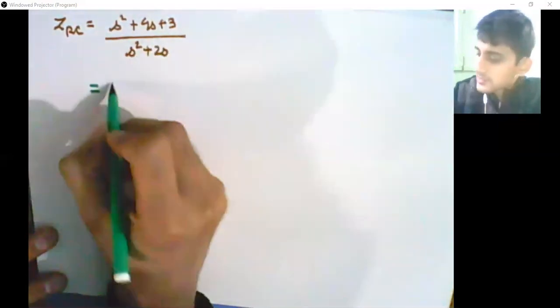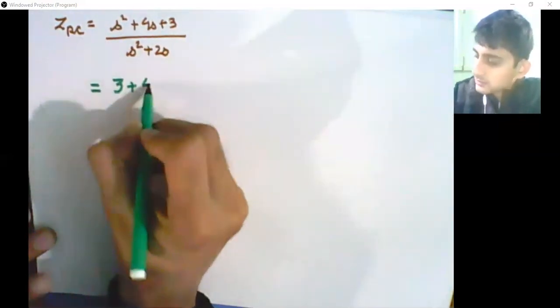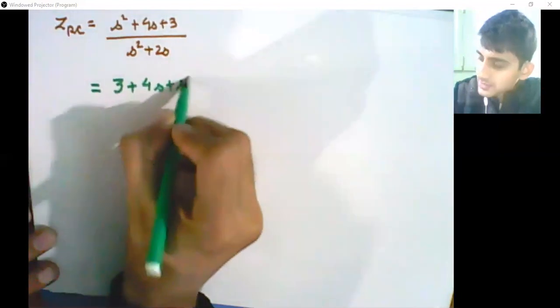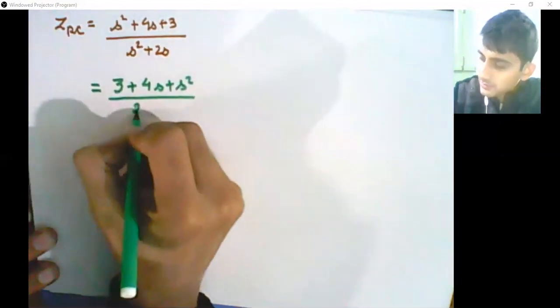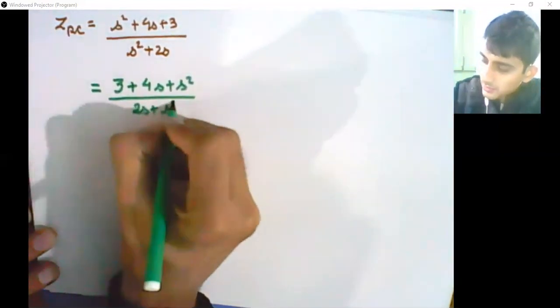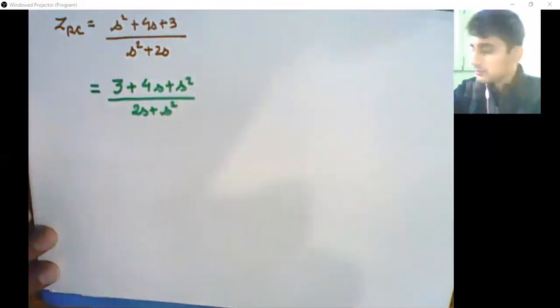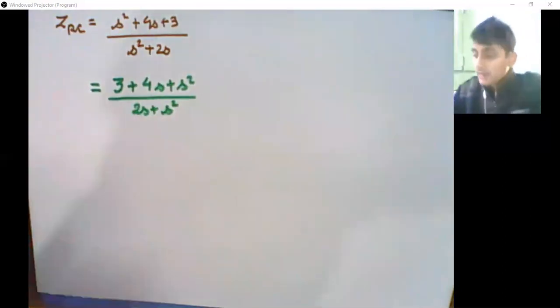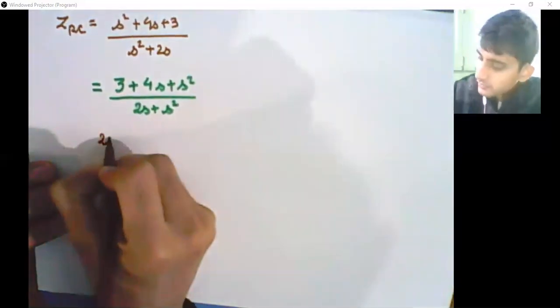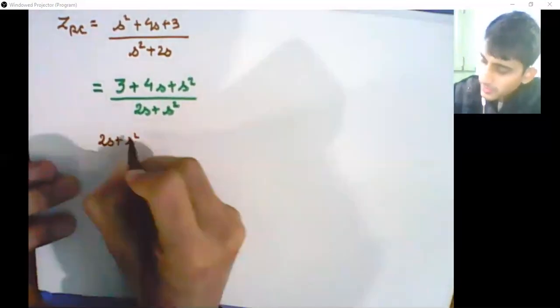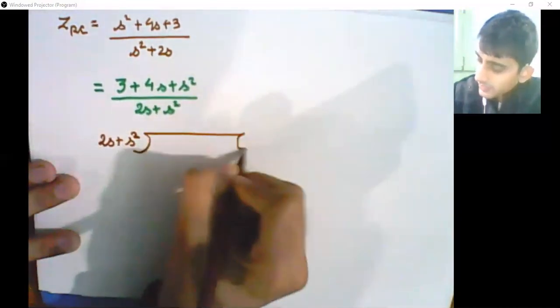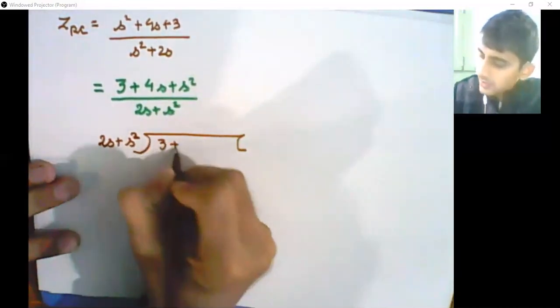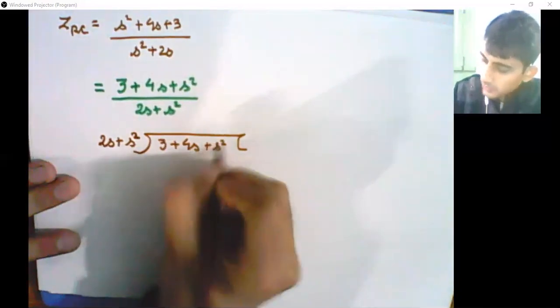So you first write the lowest power, 3 plus 4s plus s square, divided by 2s plus s square. Okay. So now you can start the continued fraction, you have 2s plus s square divided by 3 plus 4s plus s square.